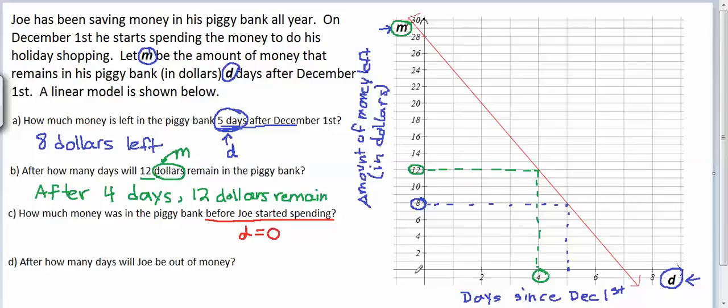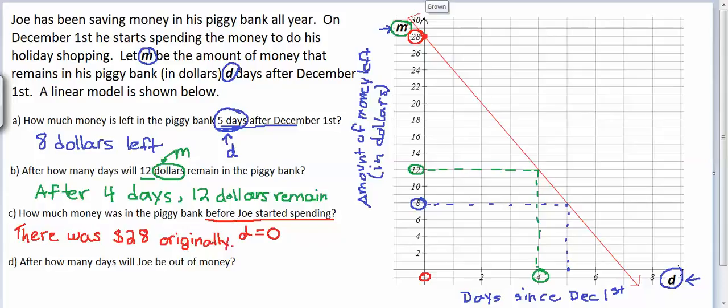So to find D equals 0, we go to that horizontal axis. 0 is right there at the beginning, and we go all the way up to see what the value of M was when D equals 0. We see it's right there. That M intercept tells us the value. So it's going to be 28. So we'd say there was $28 originally, indicating when everything began, there was $28.